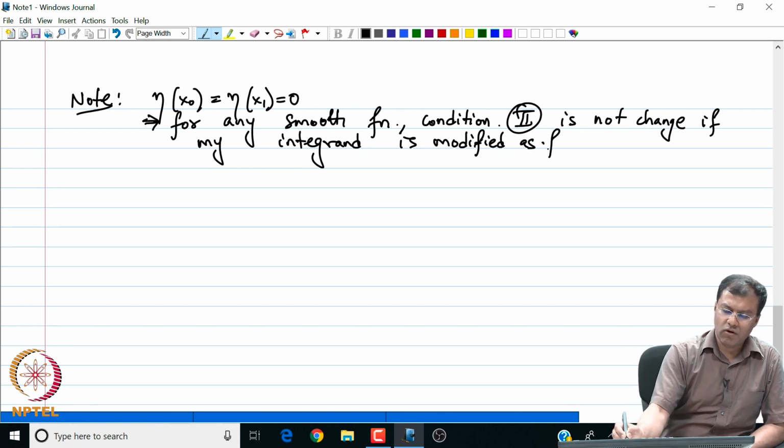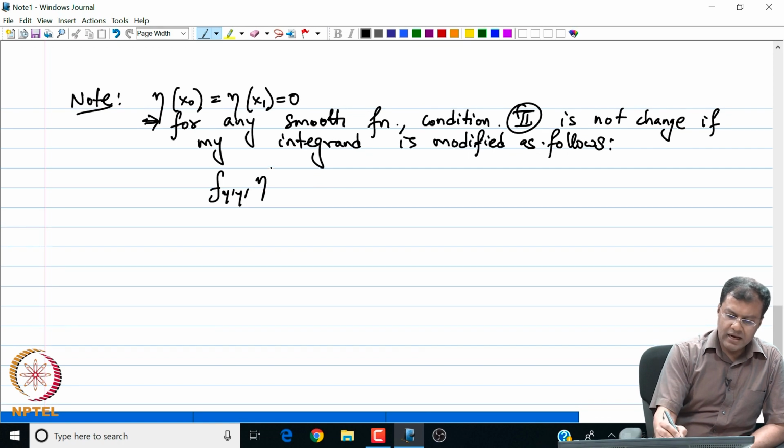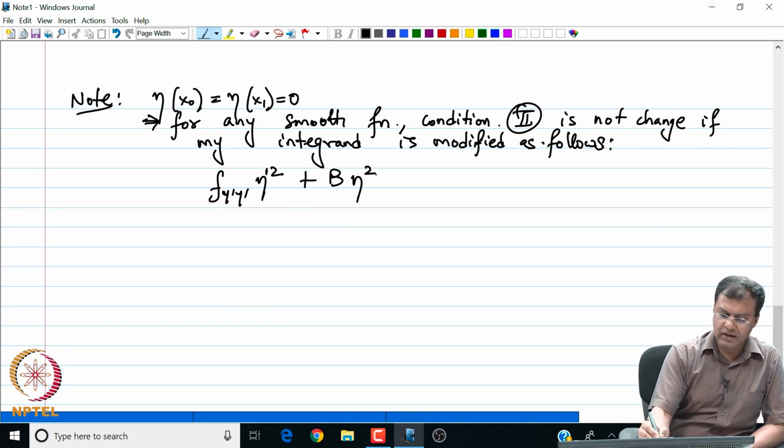Let us look at the original integrand. My original integrand is f y prime eta prime square plus b eta square.